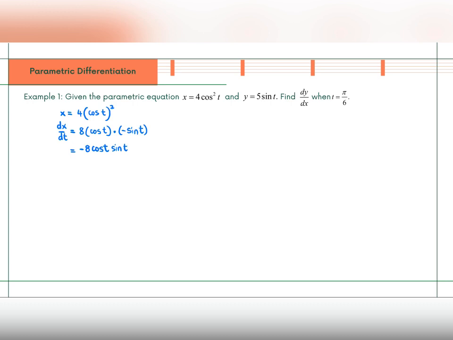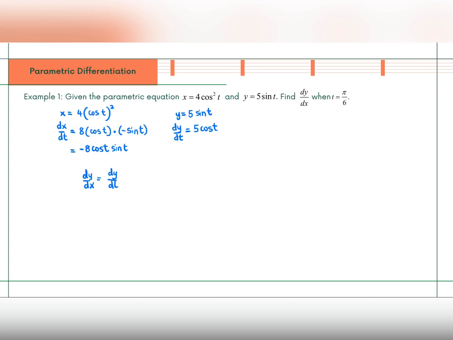Now let's perform the derivative of y equals to 5 sin t. This one is quite simple. So the dy over dt will be 5 cos t. Next to find the dy over dx, as I said earlier, we perform chain rule.